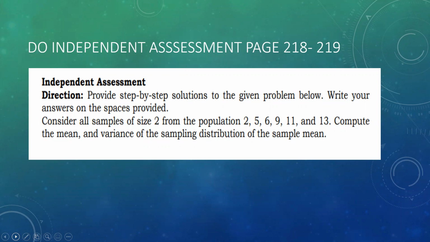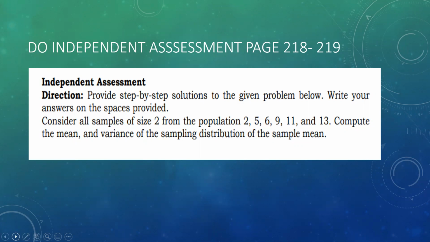So we have six different groups. Okay po. So 6 siya. Pero dalawa lang sample size of 2. So medyo mas marami siya kaysa dun sa 5 kanina. So that will be 6 combination of 2. But you can look for the mean since it's 2, 5, 6, 9, 11, and 13. So kaya mo na yan.